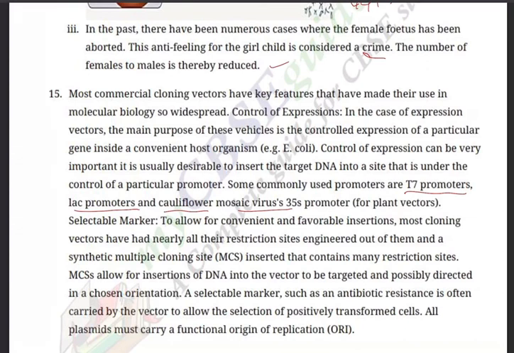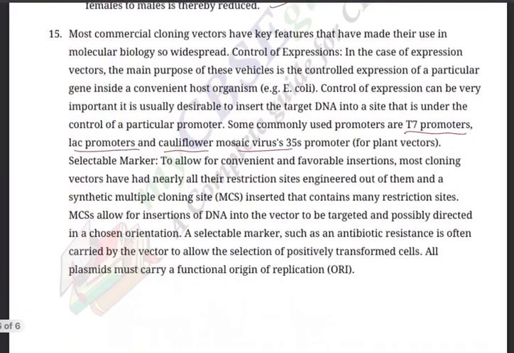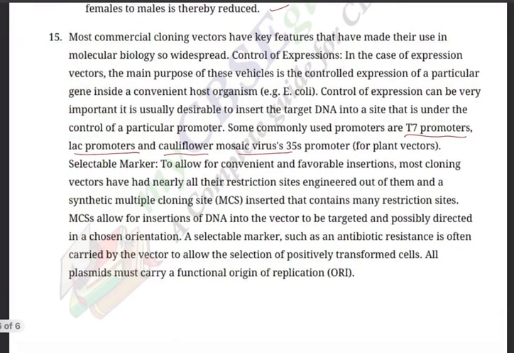Selectable marker. To allow for convenient and favorable insertions, most cloning vectors have had nearly all their restriction sites engineered out of them, and a synthetic multiple cloning site, MCS, inserted that contains many restriction sites.